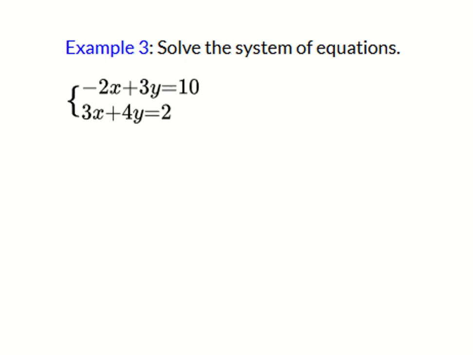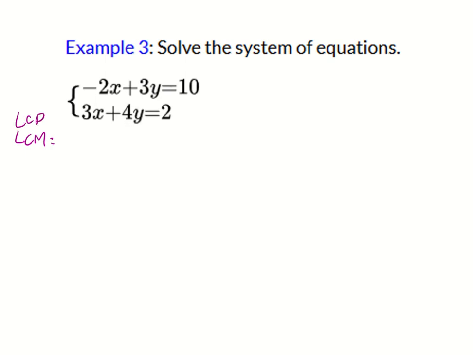Okay, to get rid of the y variable here, we need to find the LCM, least common multiple. The common denominator, oh wow, it is LCD, least common denominator. They're the same thing.